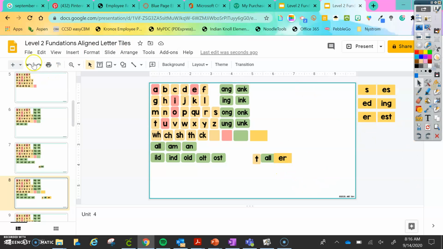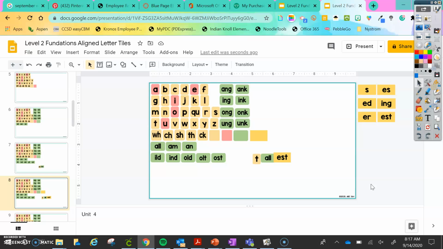But we can take this suffix away and we can add our est suffix. And we can say that he is the tallest boy in class.